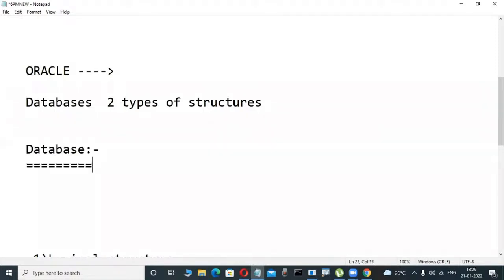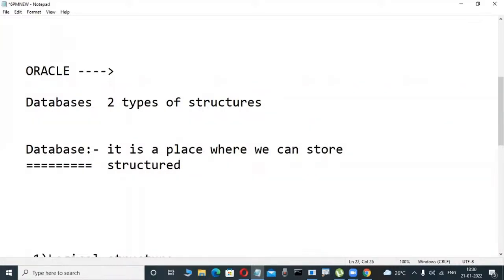If you look in Google or in books, it is a place where we can store structured collection of data. They tell only that it is where we can store structured collection of data. What is data? What is information? What is DBMS? That is later.